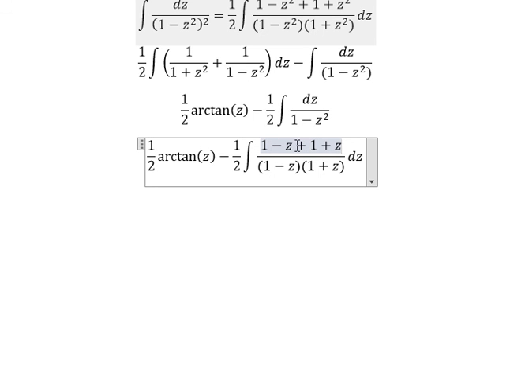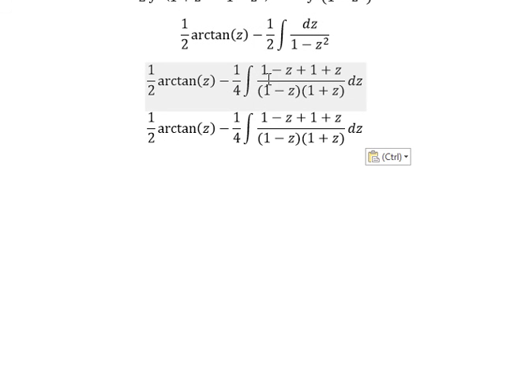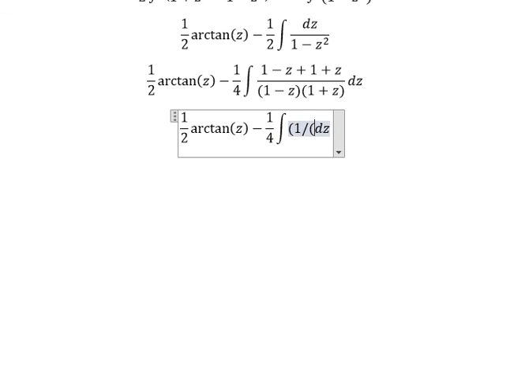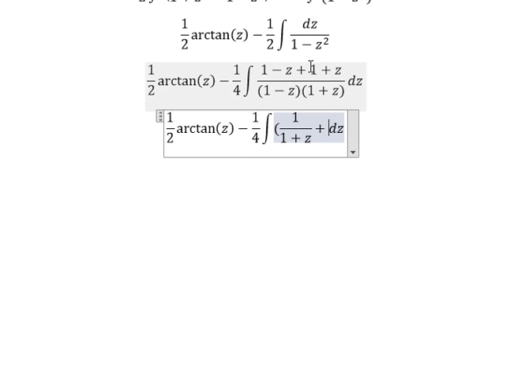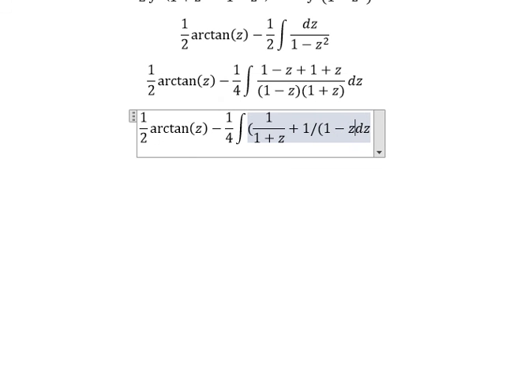We have 1 plus 1 is 2, so we need to multiply with number 2 in here, and you get number 4. 1 minus z divided by 1 minus z, you will get 1 over 1 plus z, and we have 1 plus z divided by 1 plus z, you will get 1 over 1 minus z.